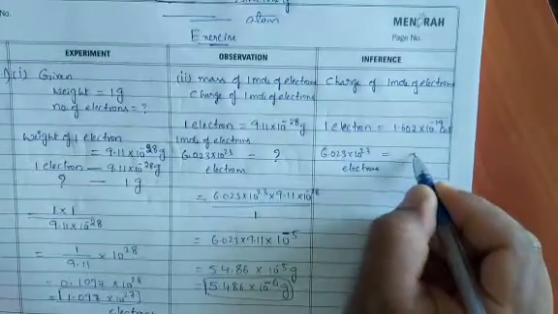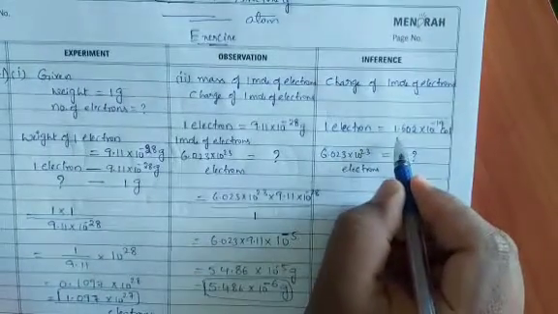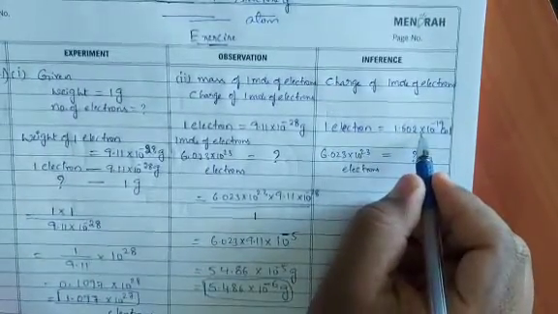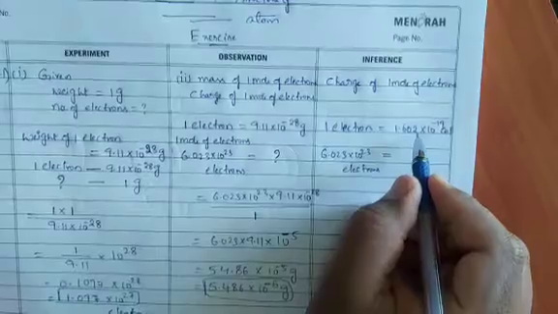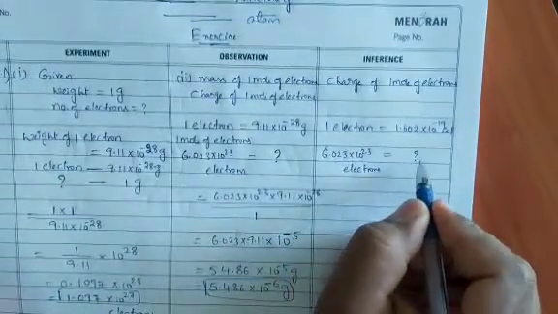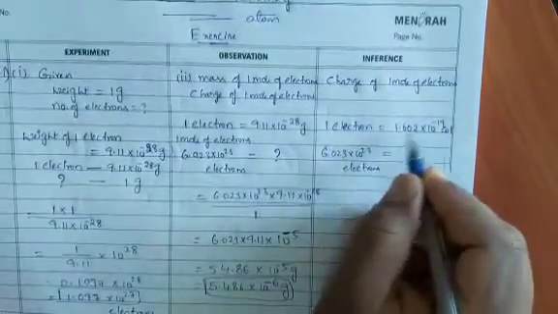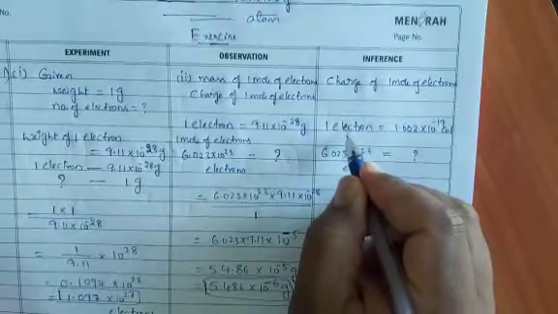Charge is how much? 1 electron charge is 1.602 into 10 power minus 19 coulombs. 6.023 into 10 power 23 electrons charge is how much? Here it is question mark. These two must be multiplied, divided by 1.